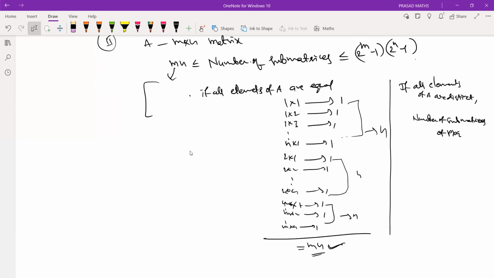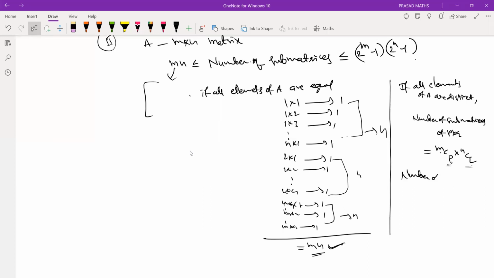MCP into NCQ. Yeah, good. But what I require is, p should vary, right? Because I need to find the total number of submatrices. So p should vary from p equals 1 to p equals m, because p is a row. P stands for row, q stands for column. Therefore, p running from 1 to m, q running from 1 to n. I need to find the total number.